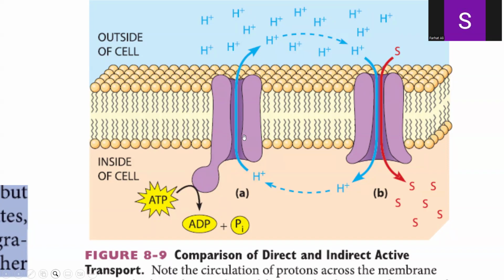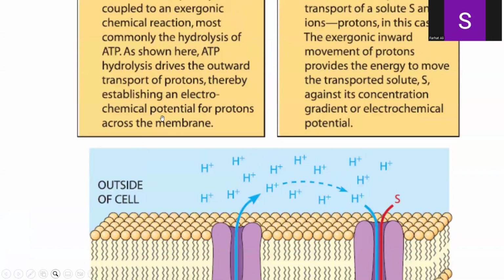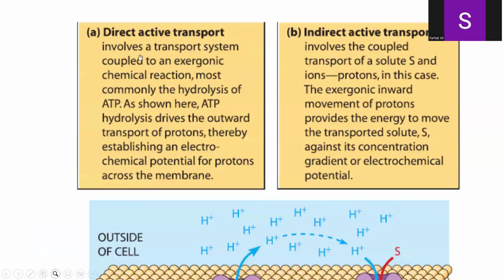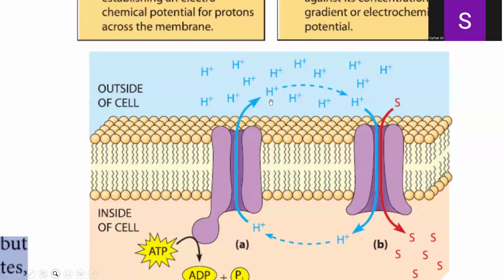So this process is direct active transport. In case of indirect active transport, it's not ATP which is used to power the process, rather it is typically a concentration gradient of protons built up by hydrolysis of ATP, which can be used to power the transport of a substance.